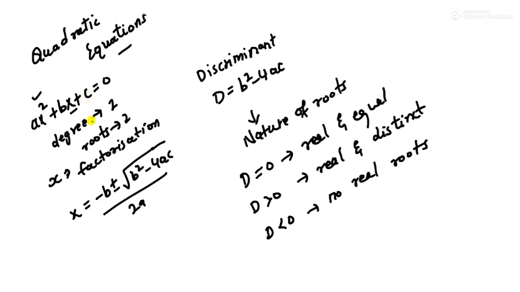Now moving to our next chapter, that is coordinate geometry. Coordinate geometry is all about points, x and y axis.